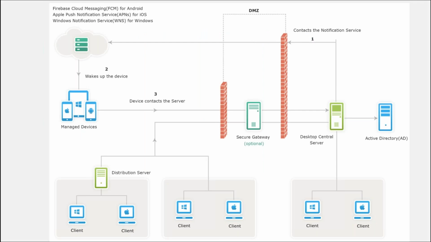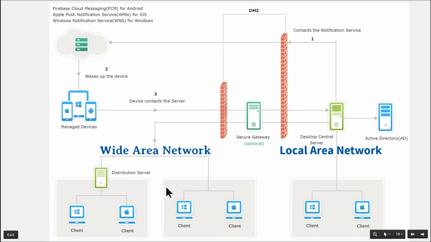Once the agent is installed, the agents will start communicating with the server. You can manage the machines both in LAN as well as in WAN. Especially when the machines are in WAN, you can effectively manage them with the help of a distribution server by grouping them as remote offices.